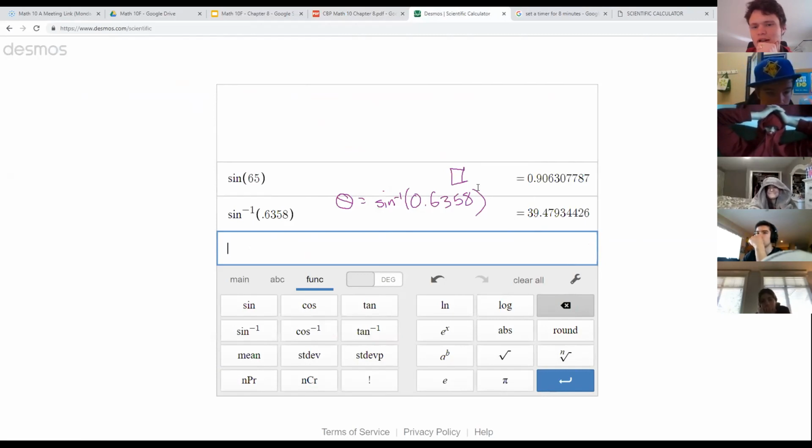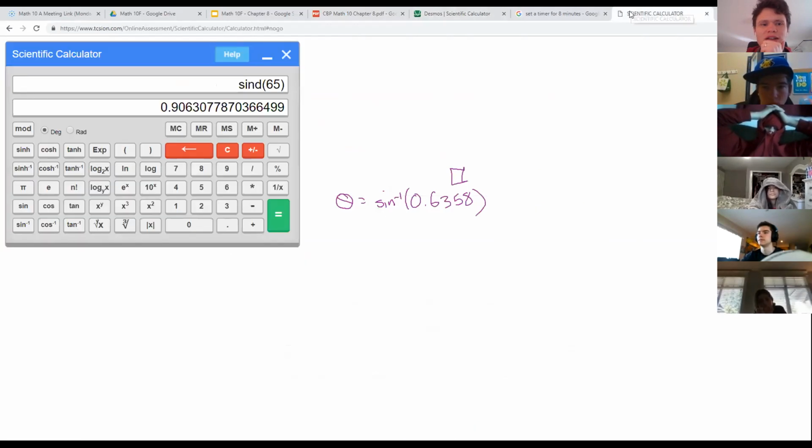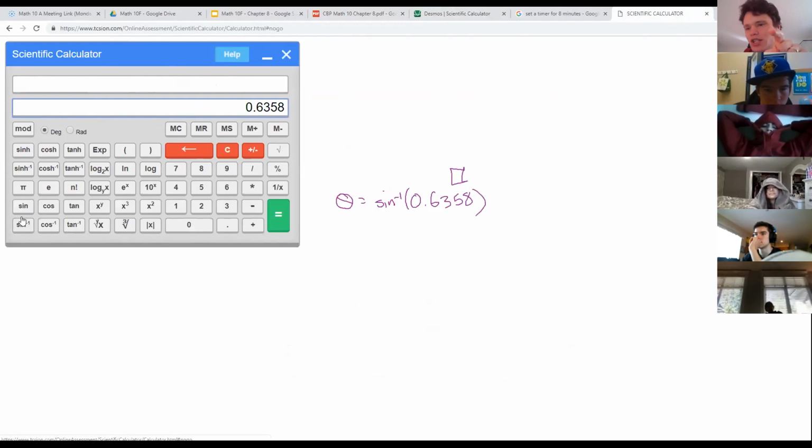This tells us that if we have that ratio, we are getting an angle of about 39.5. On your calculator, you might have to type in 0.6358 and then press shift sine. You might see it as a highlighted thing. On here, we can just go inverse sine, and we get 39.5.